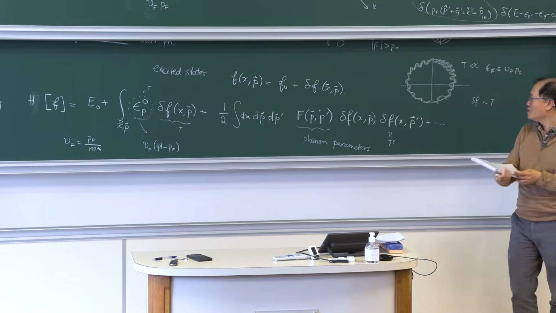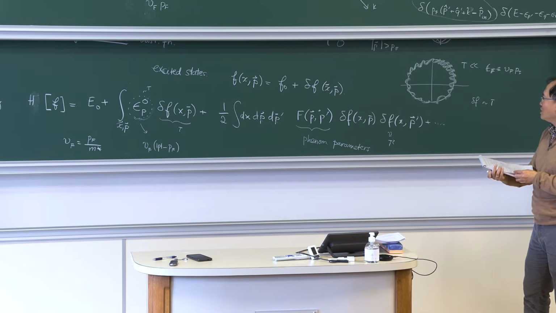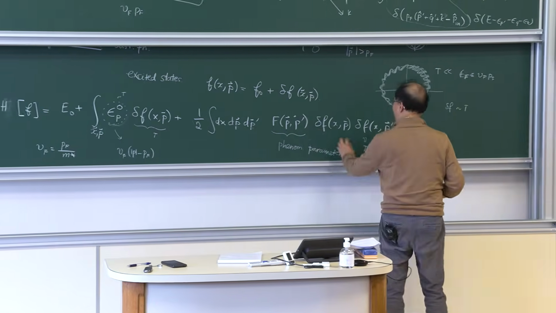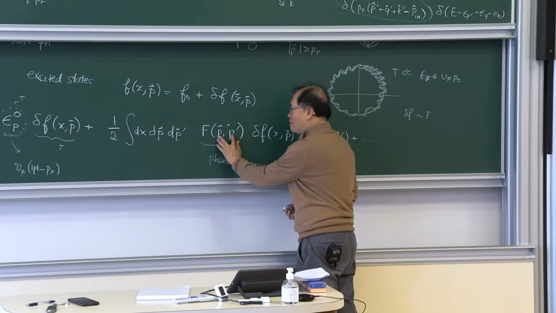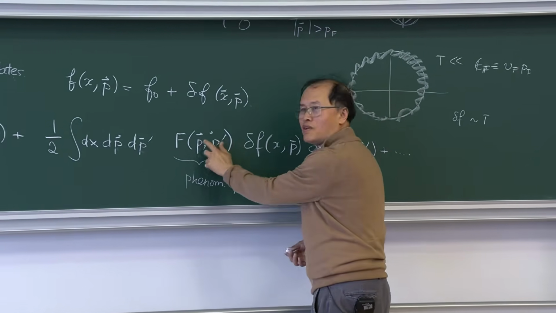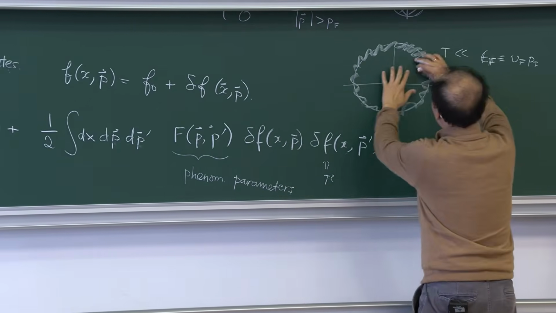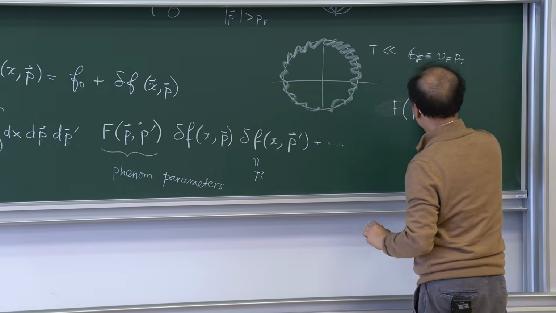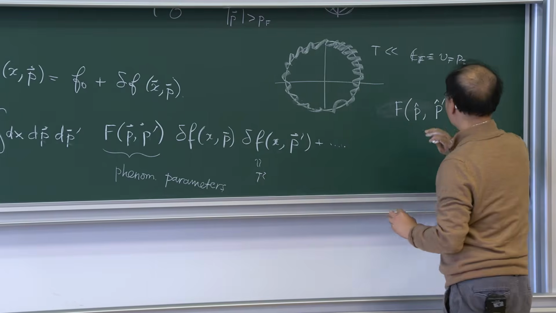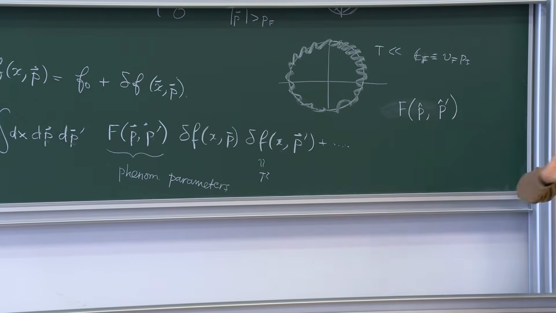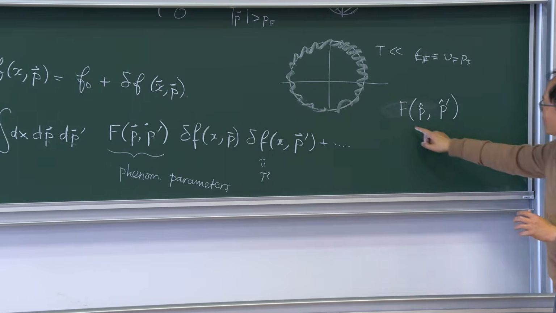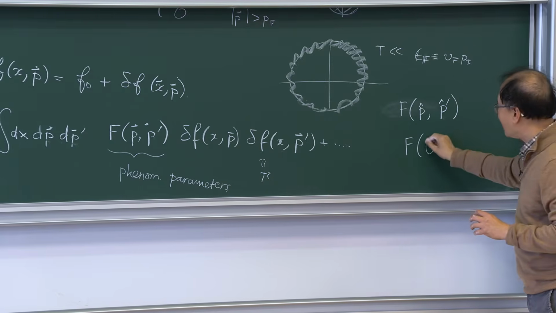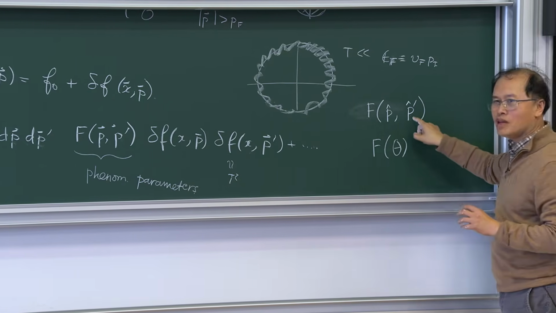And the kernel F does not depend on P minus P prime? The kernel F depends on the following. In Landau's theory, we care only about F when P and P prime are close to the Fermi surface, because that's where delta f is non-zero. So F is a function of only two unit vectors. Let's assume the system to be isotropic, like helium-3. F is actually a function of only one angle, theta, the angle between P and P prime.